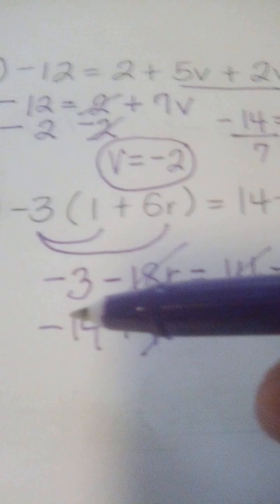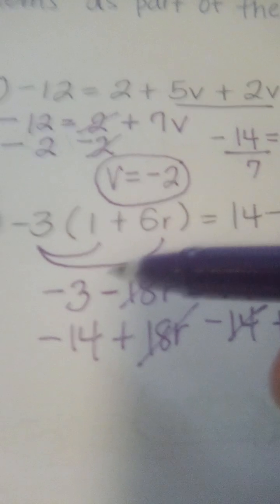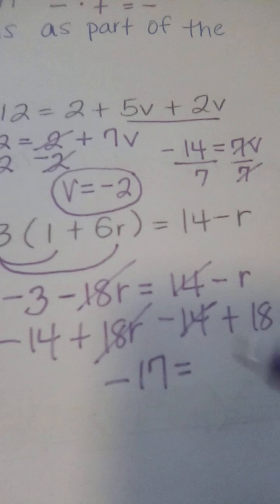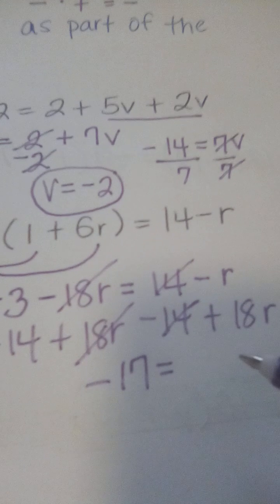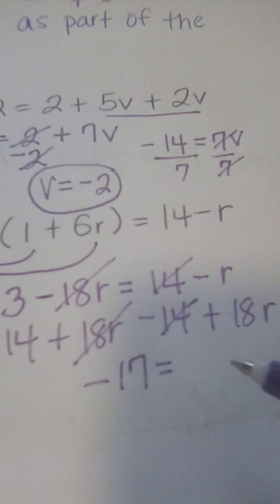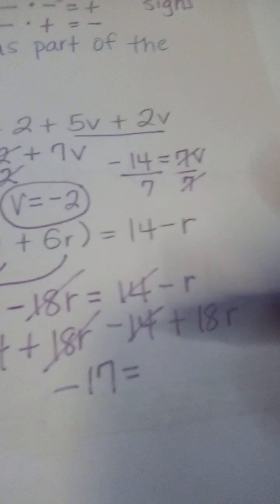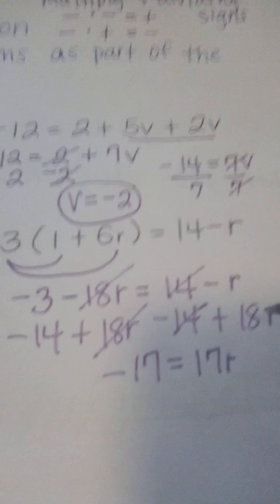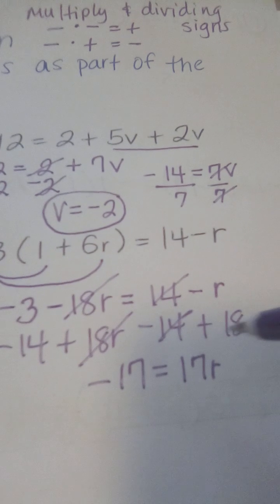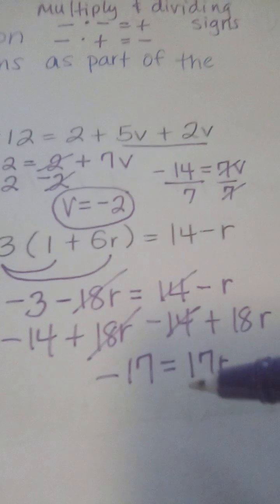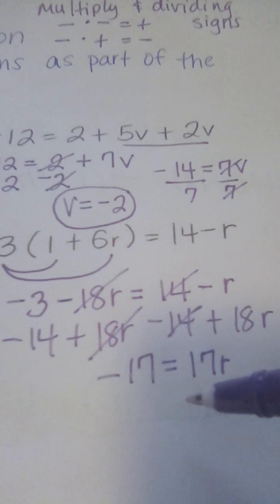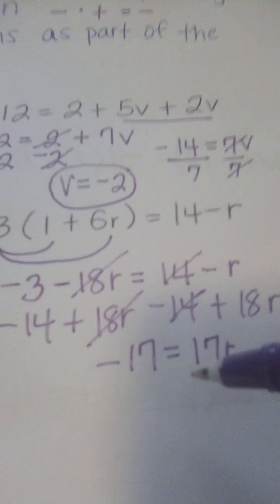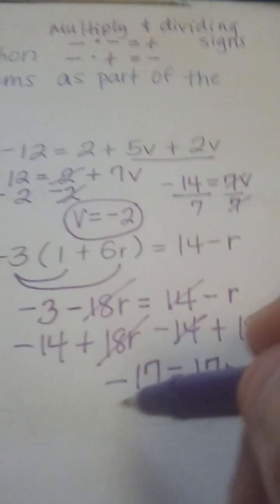What's negative 3 minus 14? Negative 17. We have a negative r plus 18. That gives us, I believe, a positive 17r. See what I got? Do you have an idea where I got that from? All right, good. Now what do we do here? We divide, right? Which number?